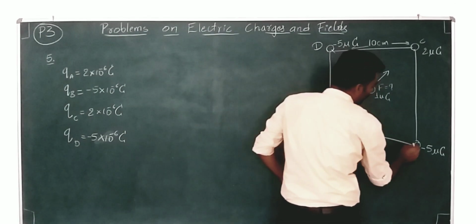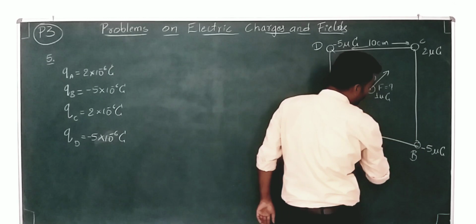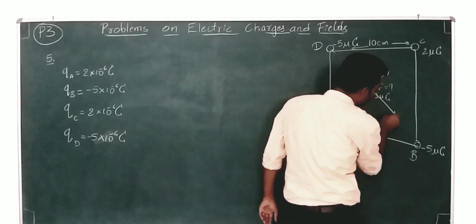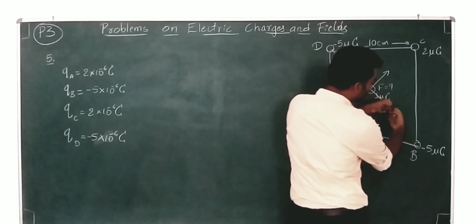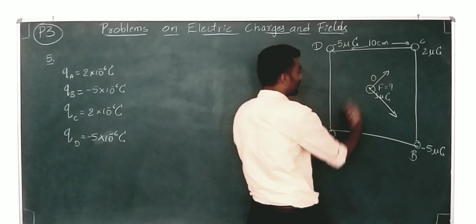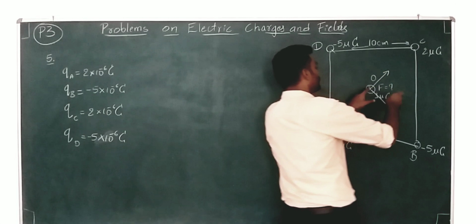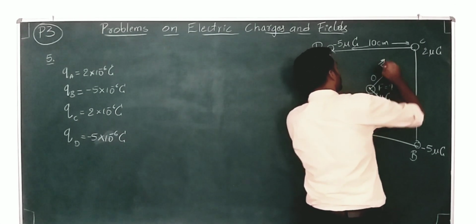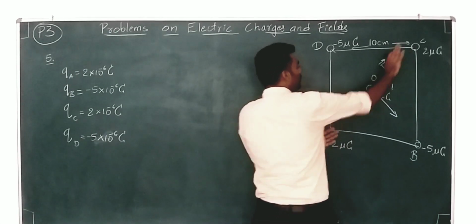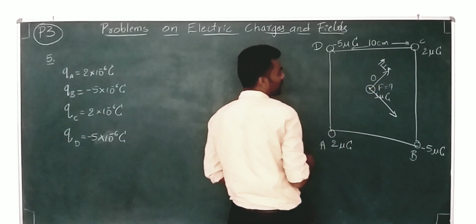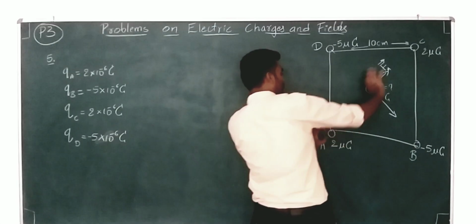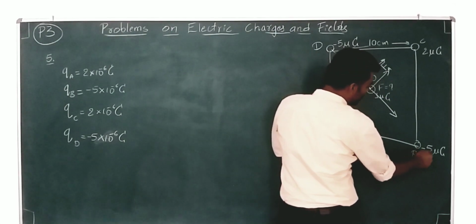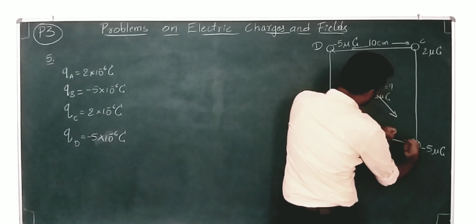And due to this minus 5 microcoulomb, this charge will be pulled towards it, because unlike charges attract each other, while like charges repel each other. Let me call this force FA. This is the force due to charge at A, pushing the charge from the center towards C, because they repel each other. Here, the charge at B is attracting it towards itself.